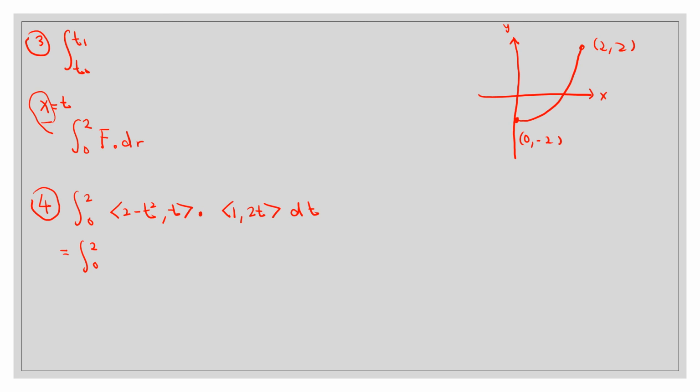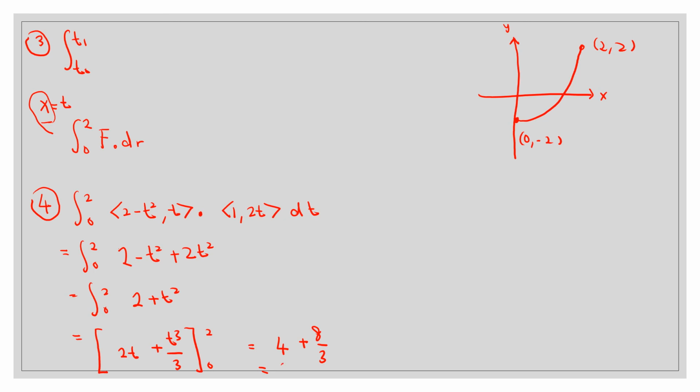So we will get 2 minus t squared plus 2t squared. When we solve it, we will get 2 plus t squared. So we can integrate it, limit from 0 to 2. We will get 2t plus t cubed over 3, limit 0 to 2. So when we solve it, we will get 4 plus 8 over 3. So the answer is 20 over 3.